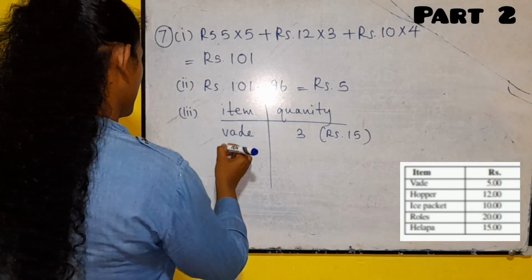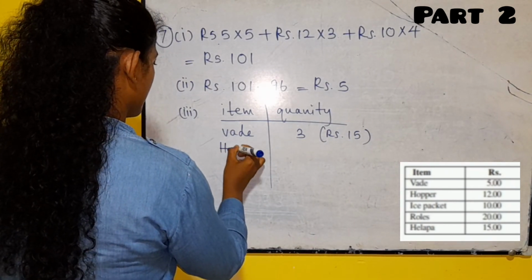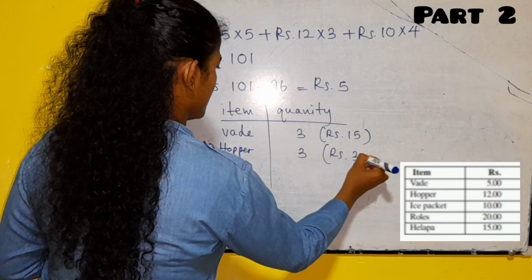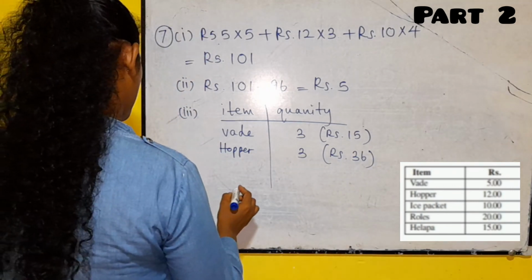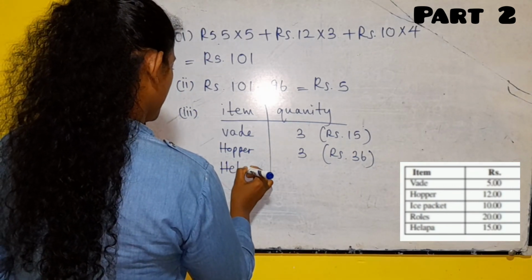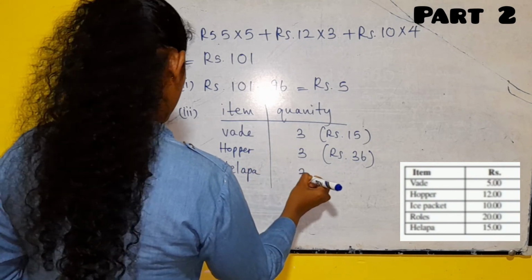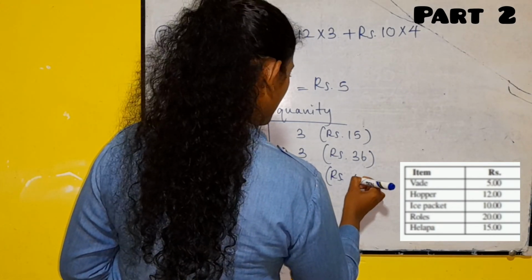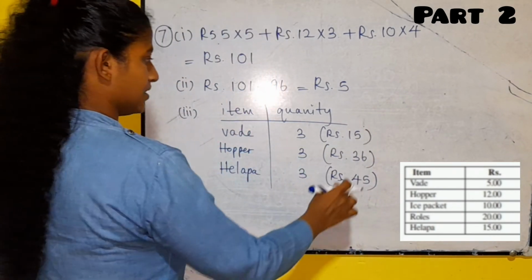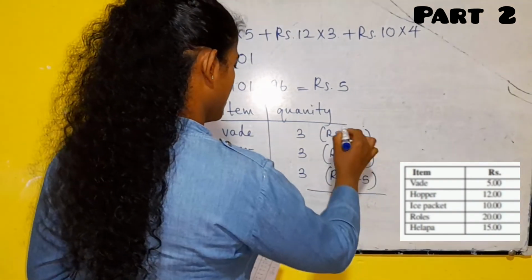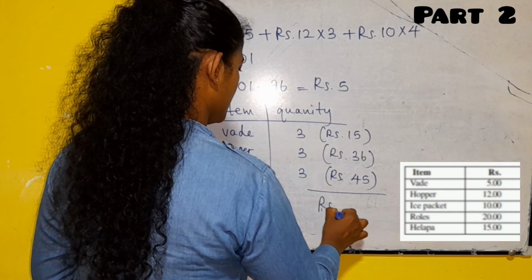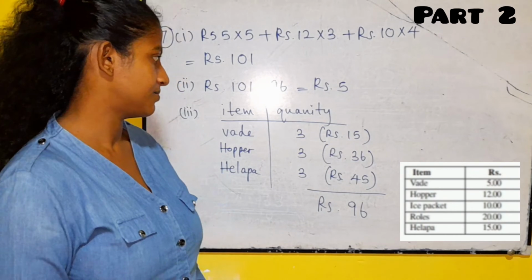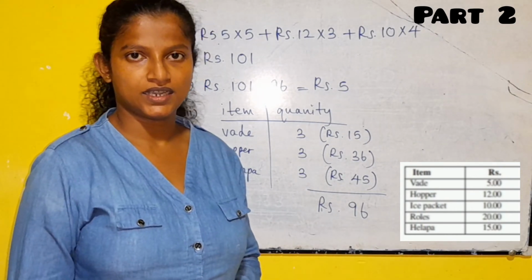Then if you select 3 hoppers, the price will be 36 rupees, if one costs 12 rupees. Then if you select 3 calipers, one is 15 rupees. Then the addition will be 45 rupees. If you take the addition of the 3 prices here, you will obtain 96 rupees. So this is the way that they have to choose without exceeding 96 rupees.